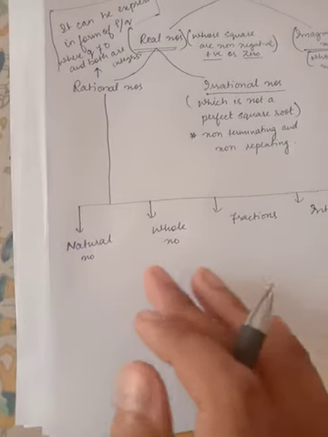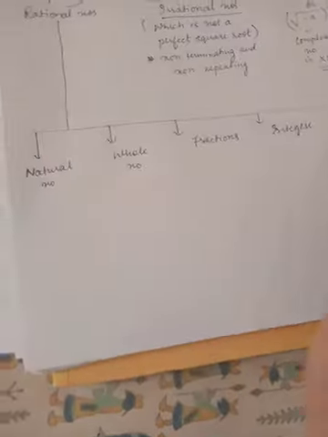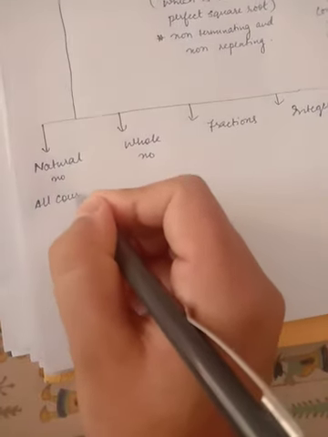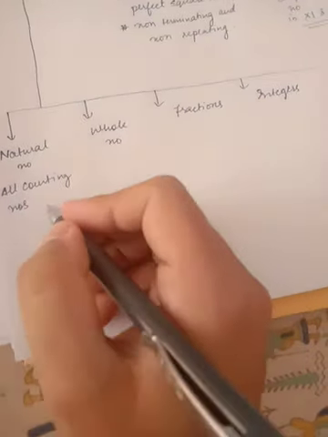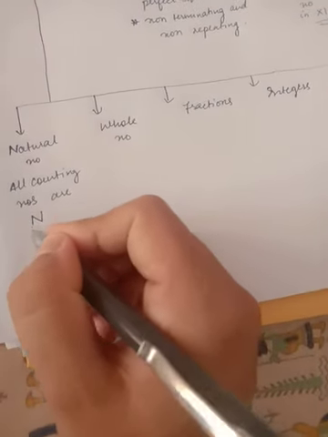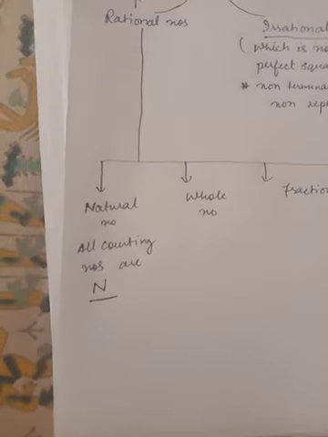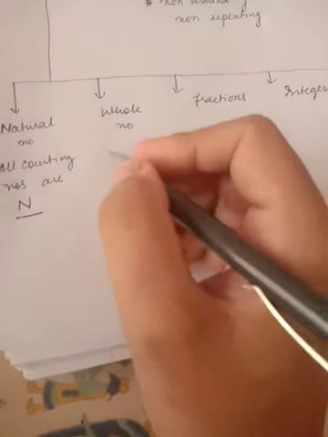So let us divide the rational numbers further. All counting numbers are natural numbers. It is denoted by capital N. What is a whole number?